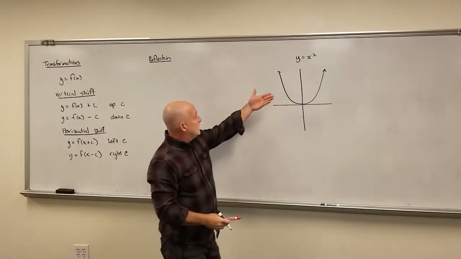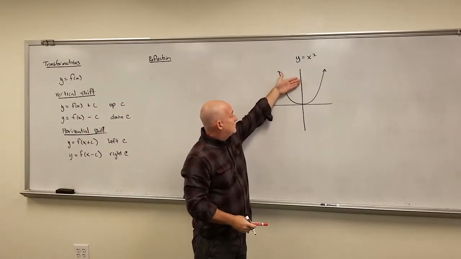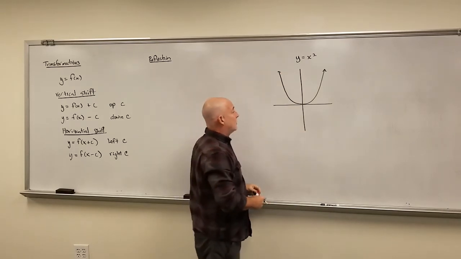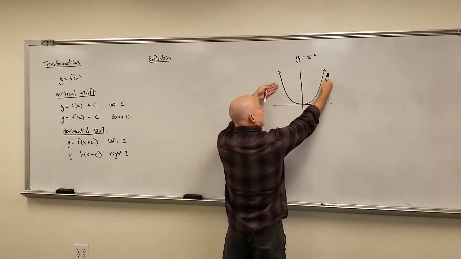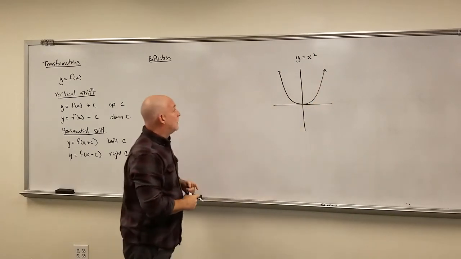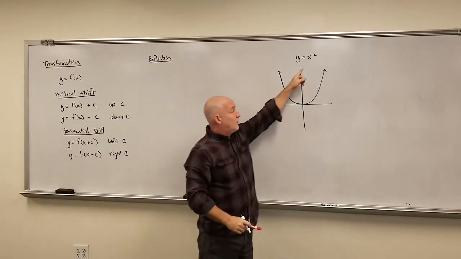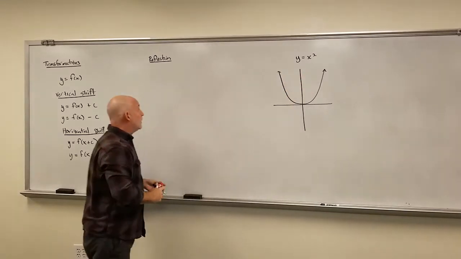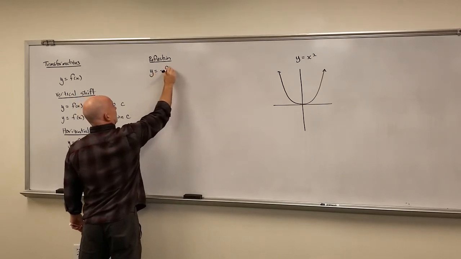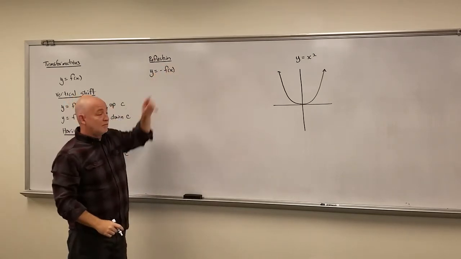So to reflect this in the x-axis, I want this picture to be the mirror image down here. Well, if you think about it, to mirror image this down here, I'm going to change all these y values to the opposite y values. Since all the y values are the function itself, a reflection in the x-axis would be the opposite of all those y values.